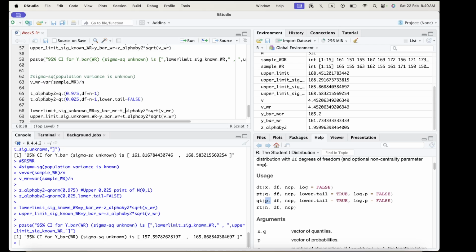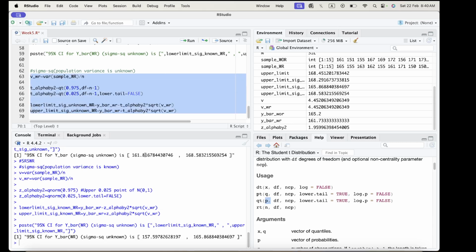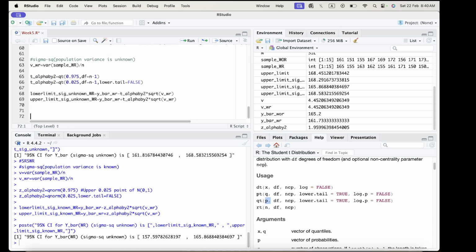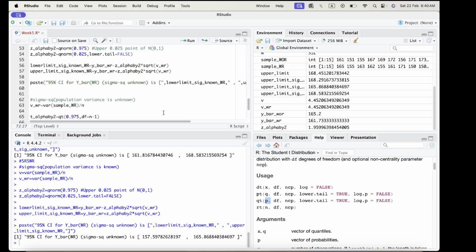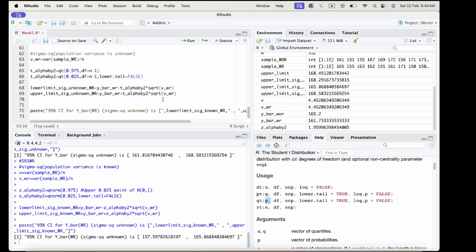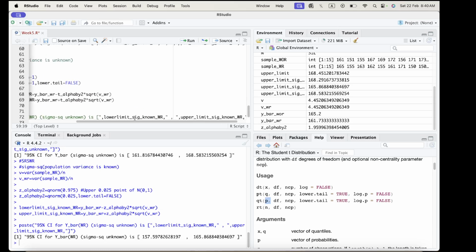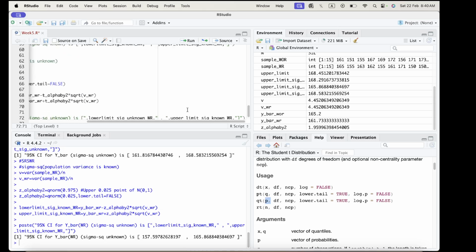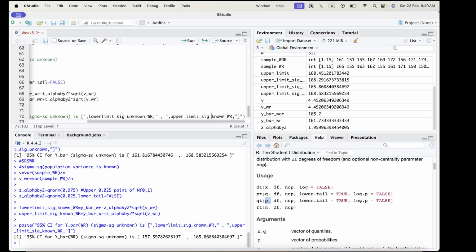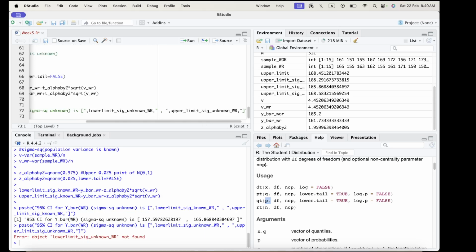So this is how we should get this. So without replacement, sigma square unknown. Here it was sigma square known, and sigma square unknown is lower limit unknown WR and upper limit unknown WR.